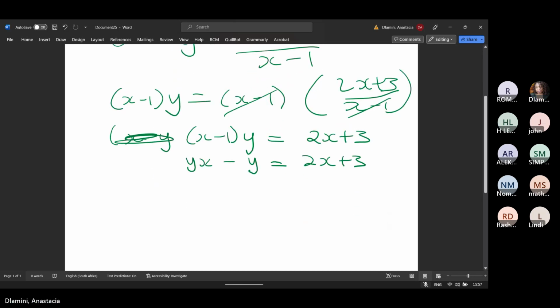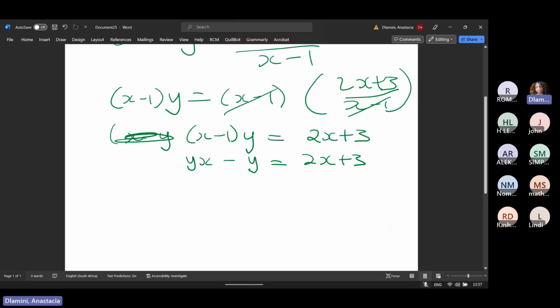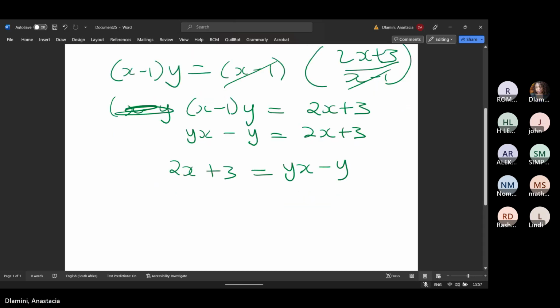Okay, let me take this one to the other side. So it's 2x plus 3 equals yx minus 3. I just want to put it like this. 2x plus 3. Take out y. What am I doing? What am I saying now? I'm tired.